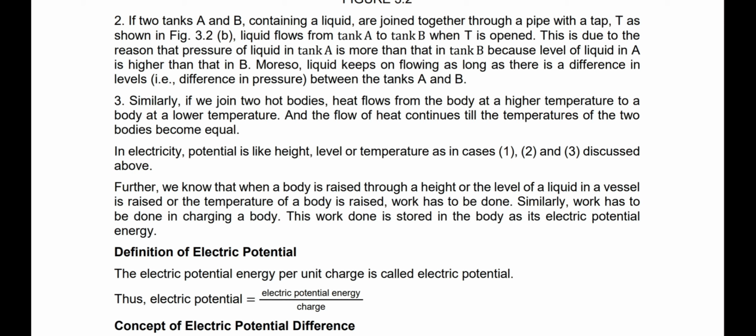Then what happens? Heat flows from the body at a higher temperature to the body at a lower temperature. The flow of heat is also governed by the principle that heat flows from higher to lower temperature, and the flow continues till the temperature of the two bodies becomes equal.